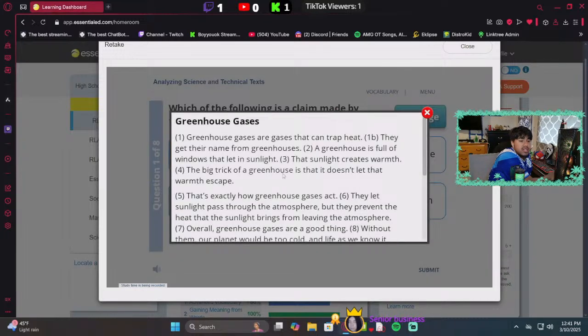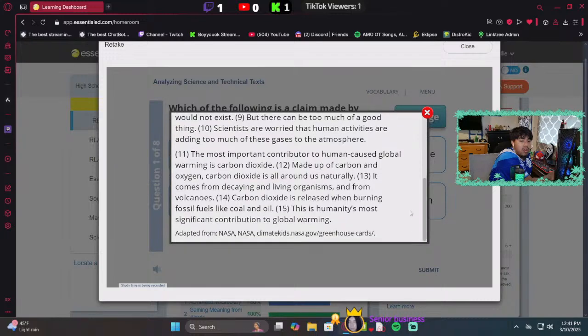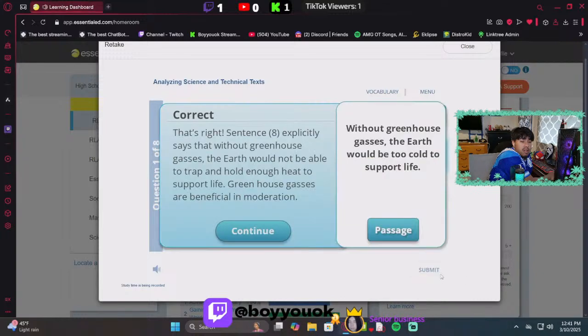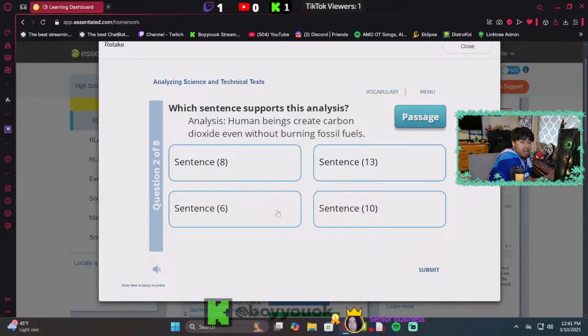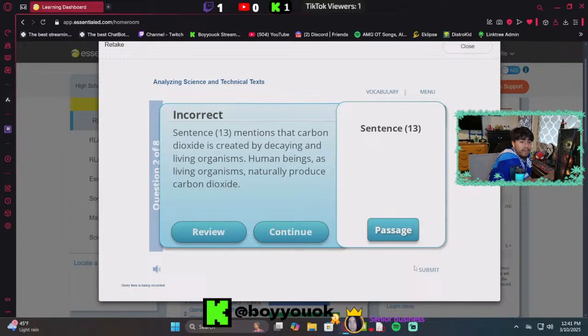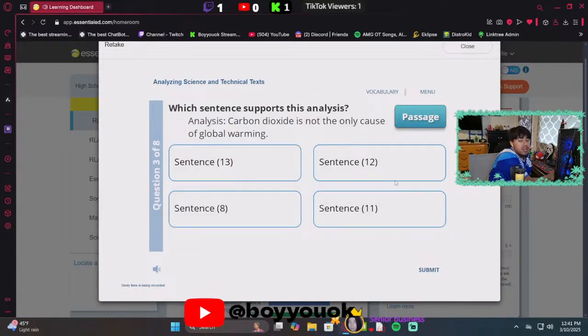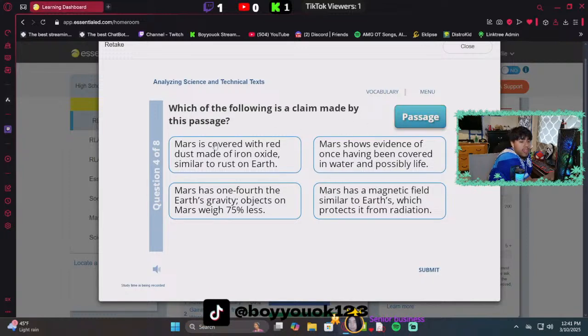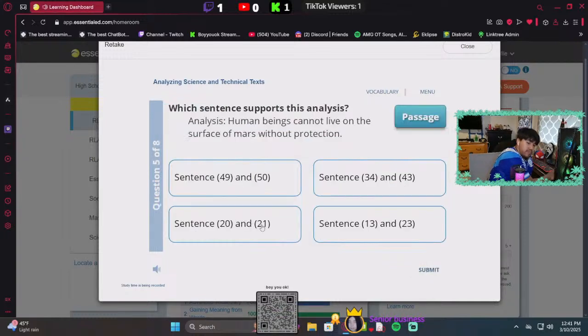Claim: the passage. Greenhouse gases can be trapped in the windows. Rust on Mars.